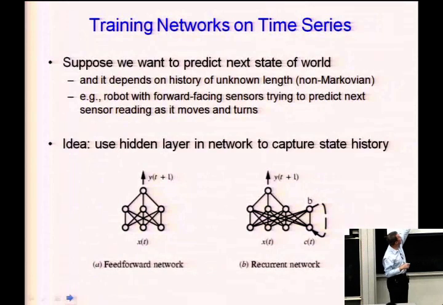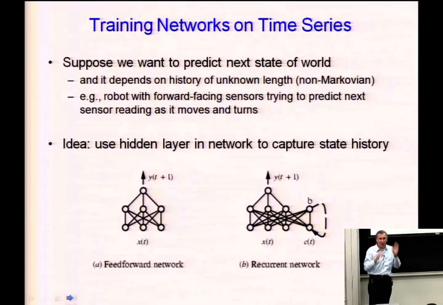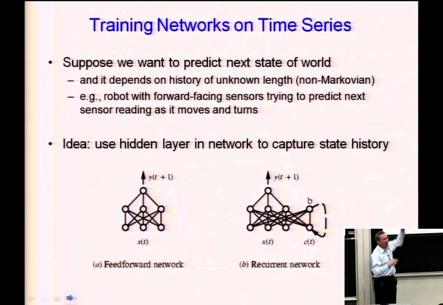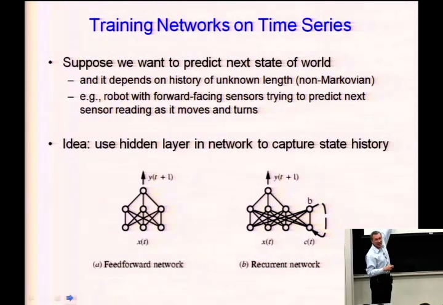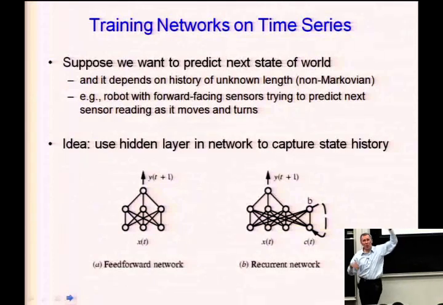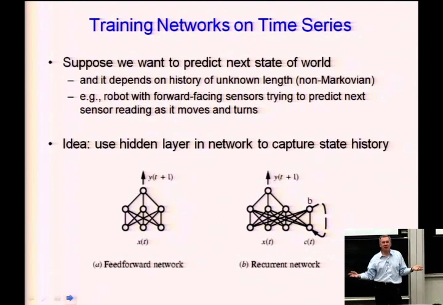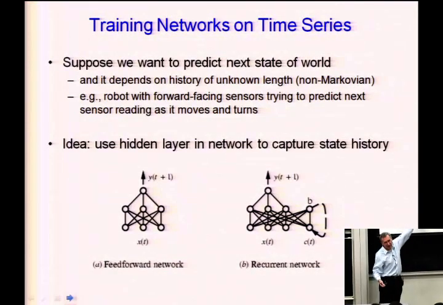The output could be some encoding of what I will see next. Like, will the computer be there or not? If we train the network as a standard feed-forward network, of course we'll have implicitly been making the assumption that this is a Markov system. We're predicting the value at t plus 1 conditioned only on values at t.